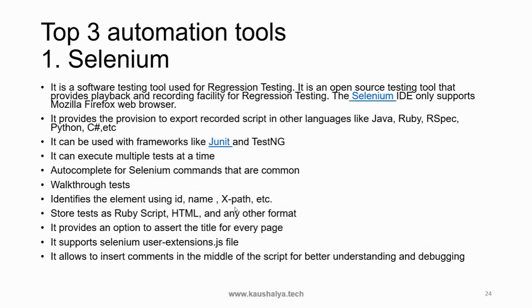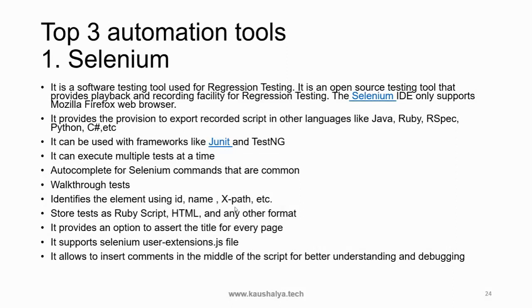And Selenium itself has a lot of libraries or components in it. And it is used along with frameworks like JUnit or TestNG. So that is for unit testing, and TestNG is also good for generating the reports. So you can execute multiple tests at the same time.